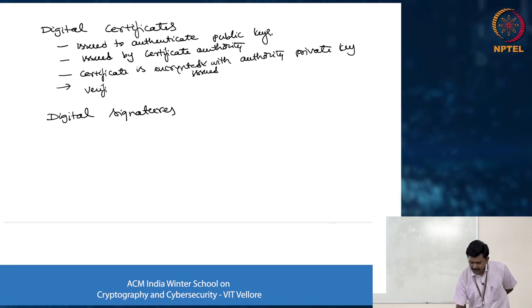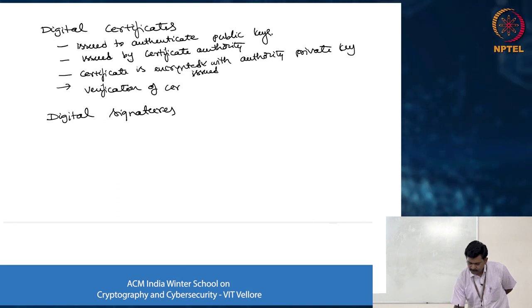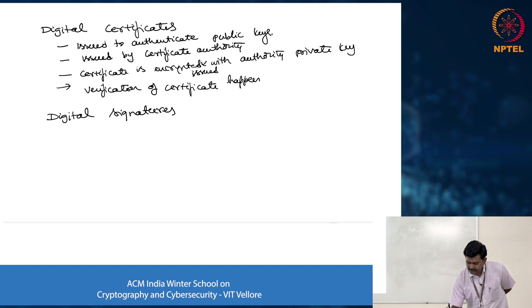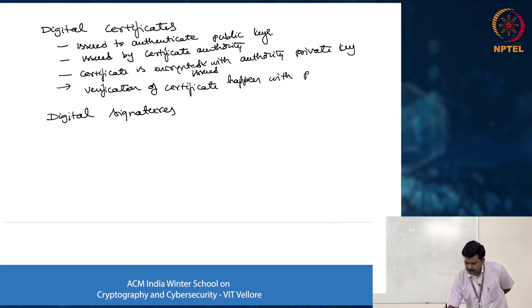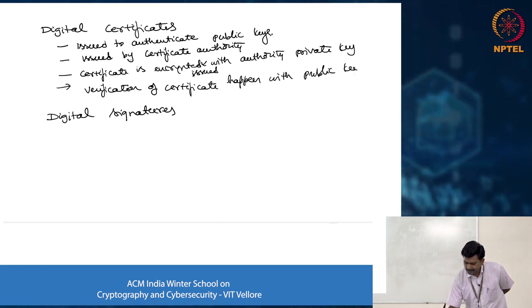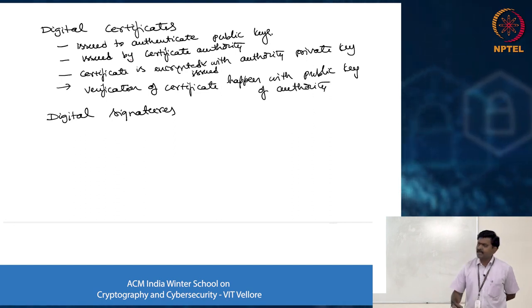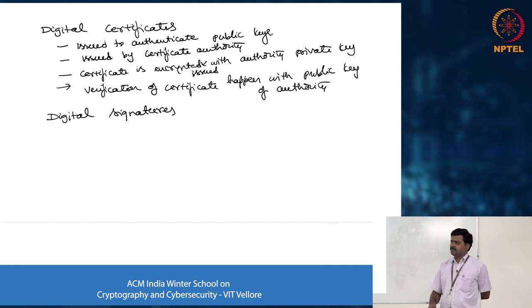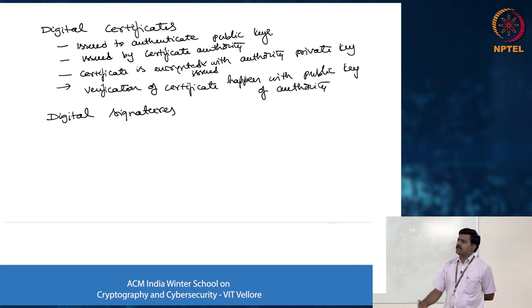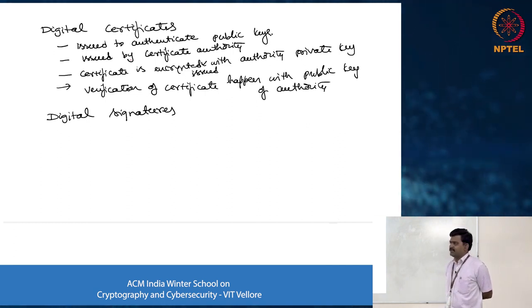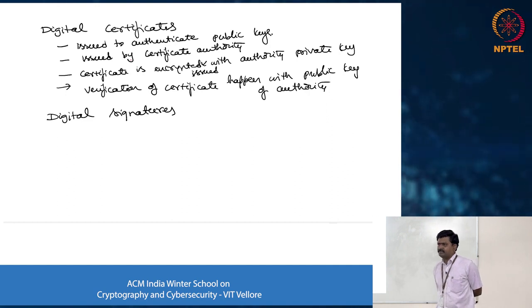Verification of the certificate happens with the public key of the authority. Anybody can verify it, because anyone knows the public key of the certificate authority, they can verify the certificate, right?